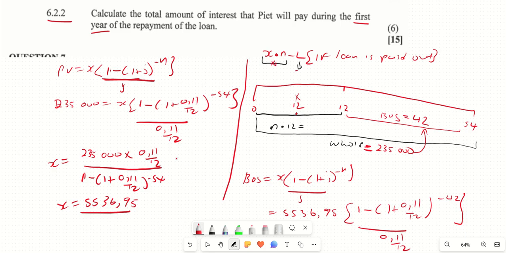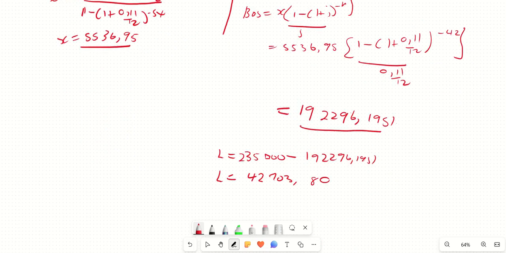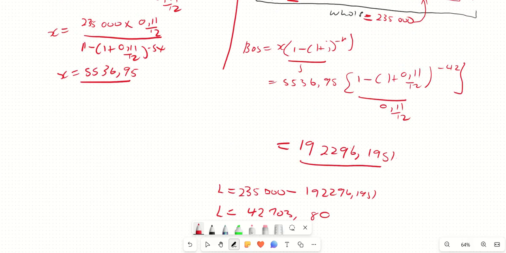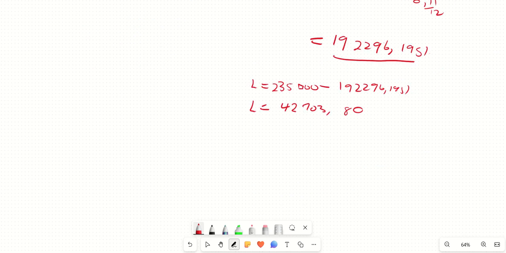For this part, we multiply the installment by 12, which is n in this case. The money paid is the installment, so our xn minus L. This is L here. So the installment, 5,536.95, multiplied by 12, minus this balance, 42,703.80.